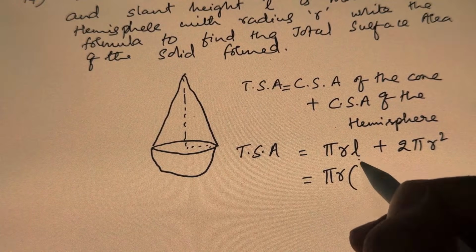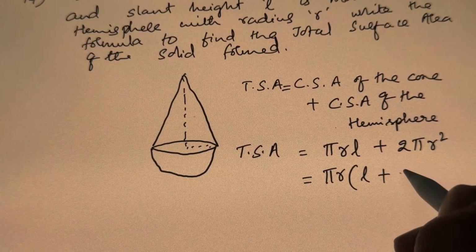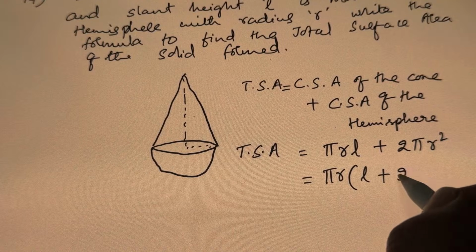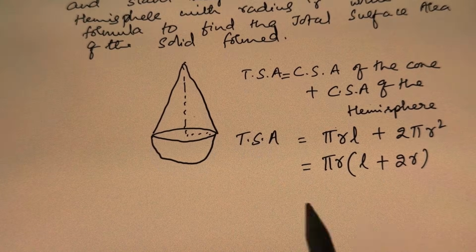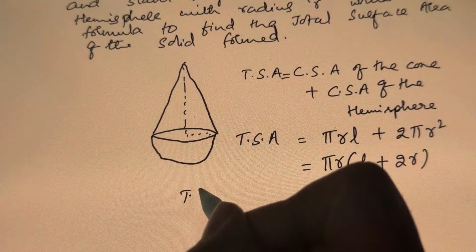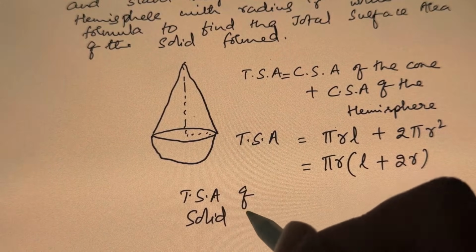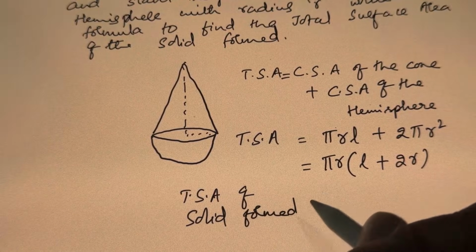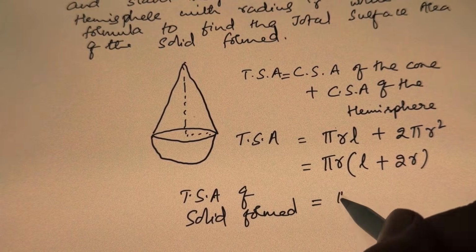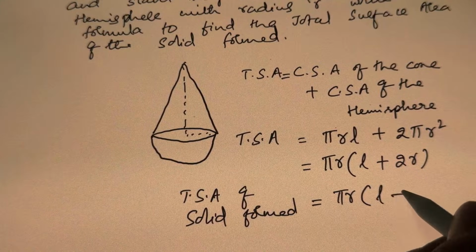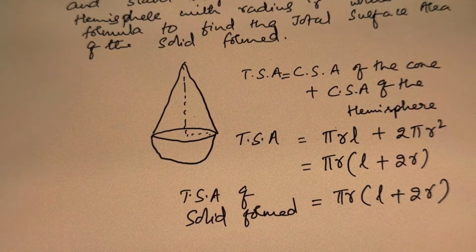So the remaining here is L plus the remaining of the other side is 2r. So the total surface area of the solid formed is equal to pi r into L plus 2r. So this is the final answer.